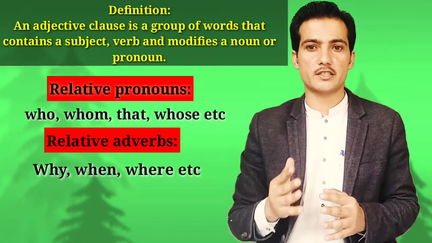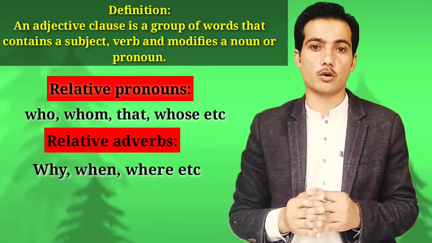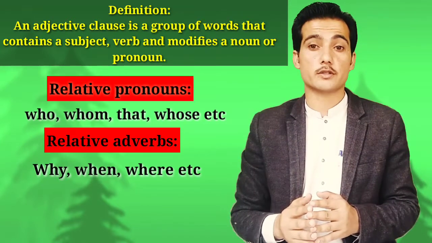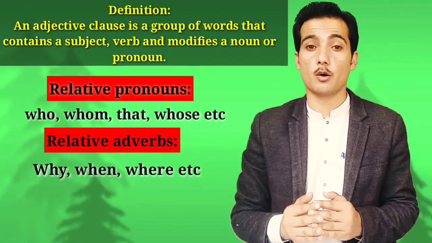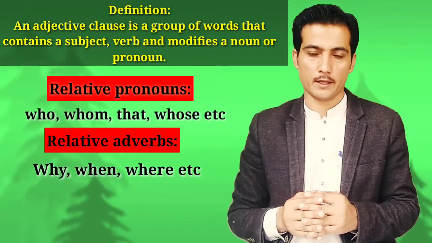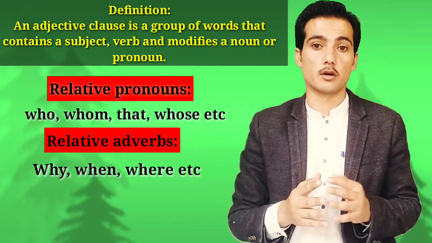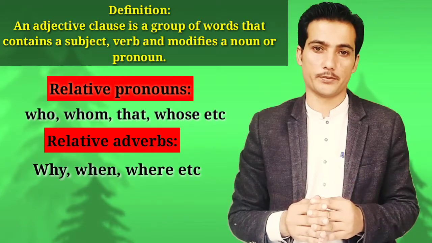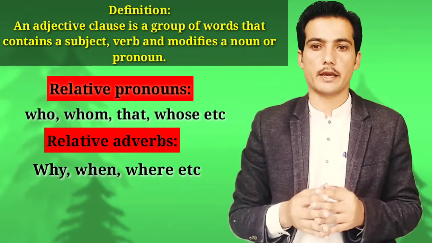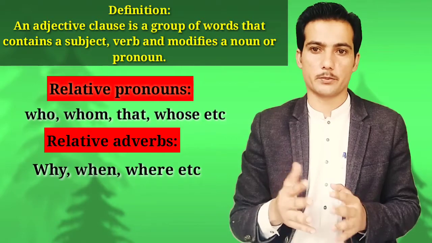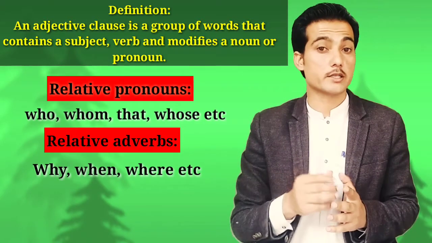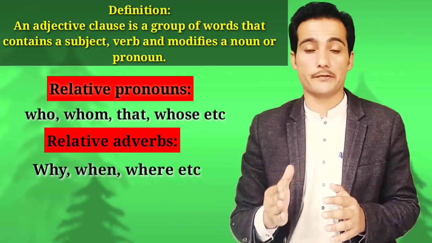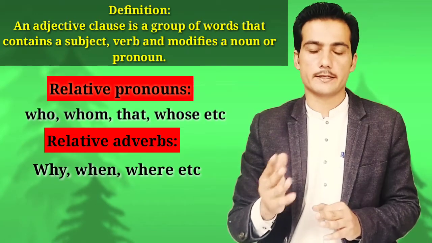Let me show you relative pronouns and relative adverbs on the screen, because they appear at the beginning of an adjective clause. You can see these words, they are relative pronouns and relative adverbs, and you will see them at the beginning of an adjective clause. So it is a quite easy way for you to identify an adjective clause in a sentence.